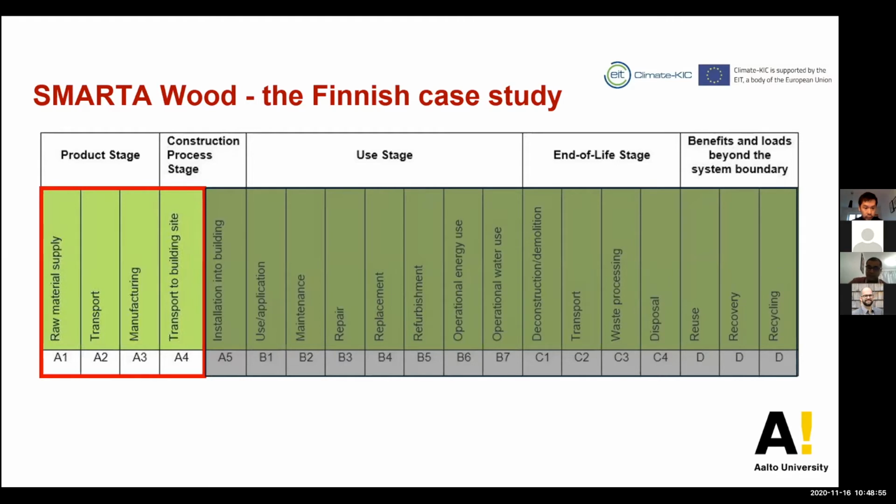We have included the distance from road transportation, but not what is happening inside the prefab factory. Other than that, A1 is raw material supply, then A2 is transport of this raw material to the sawmill or manufacturing plant, and then transport to the building site.